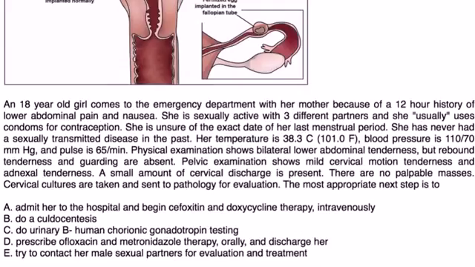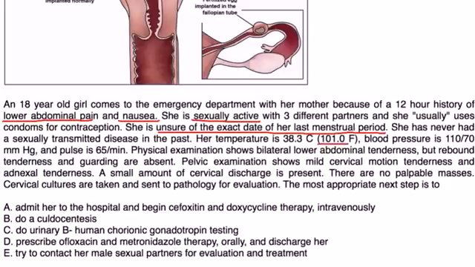So now I will discuss a couple clinical vignettes here. An 18-year-old girl comes to the emergency department with her mother because of a 12-hour history of lower abdominal pain and nausea. She is sexually active with 3 different partners, and she usually uses condoms for contraception. She's unsure of the exact date of her last menstrual period. She has never had a sexually transmitted disease in the past.